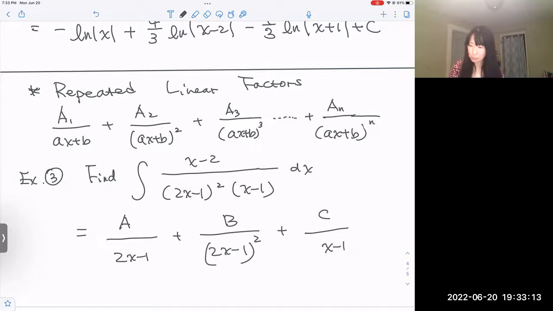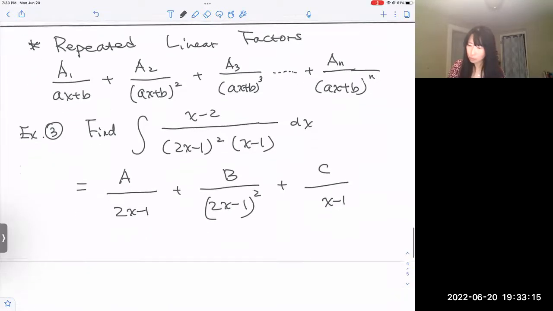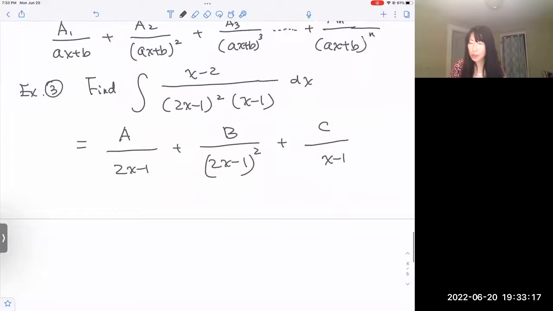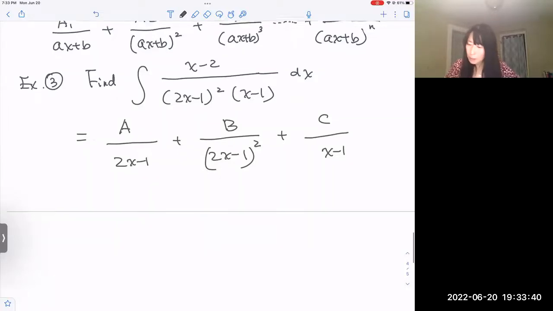Now in this case, we're going to use the method of equating coefficients, which we did in the algebra course, using the elimination of a system of equations. So let us do this one.